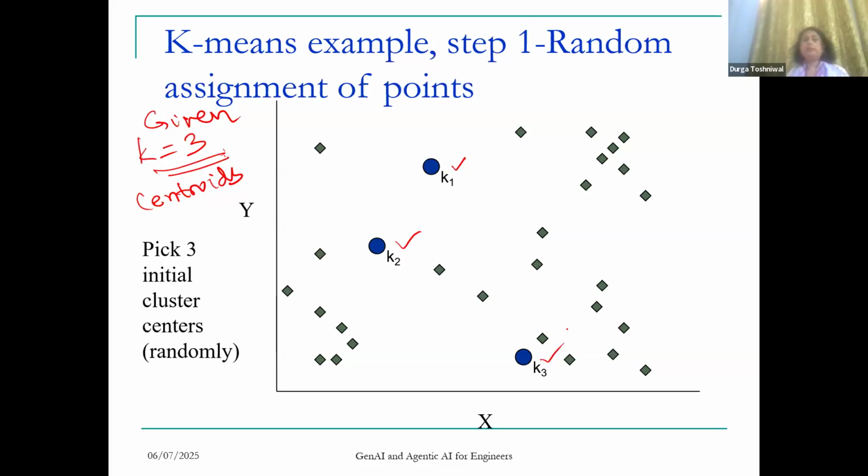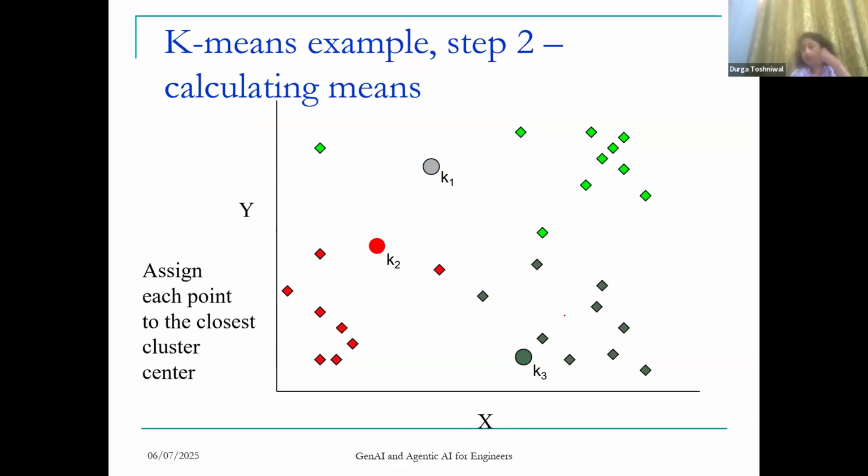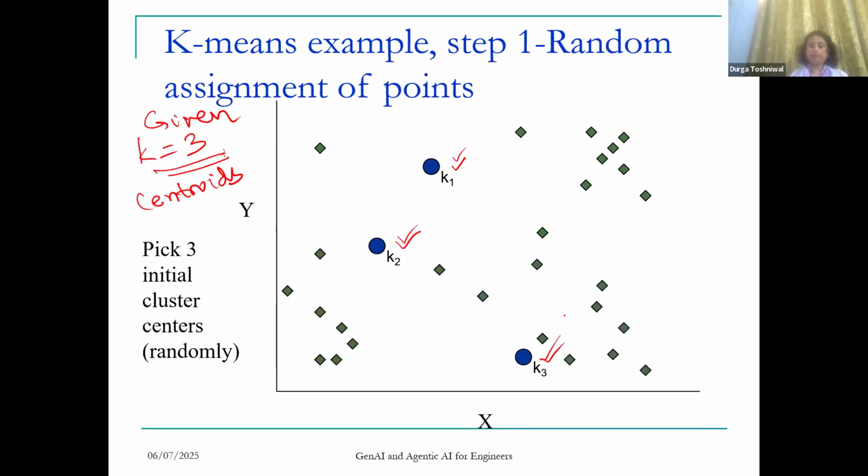Assuming the initial selection is done for the cluster centers, which are randomly assigned, what we are doing here is trying to identify the closeness of each and every point with respect to each and every cluster center.